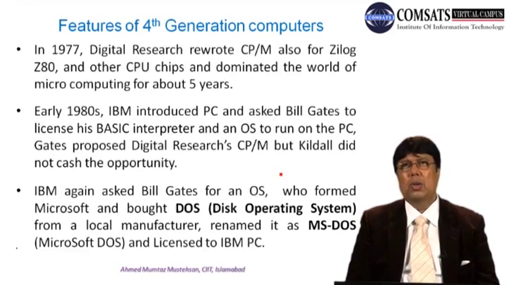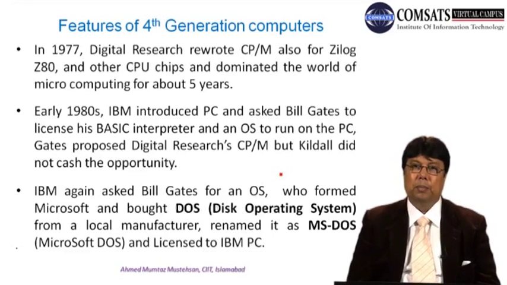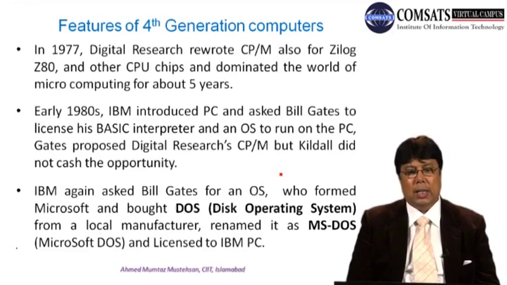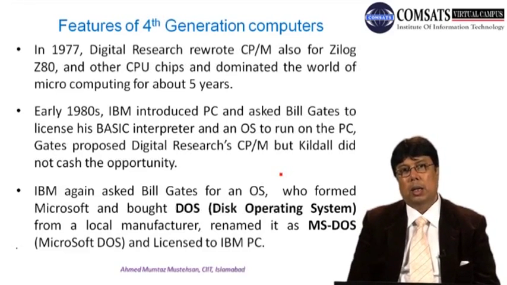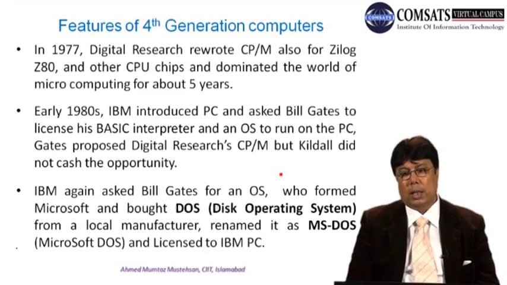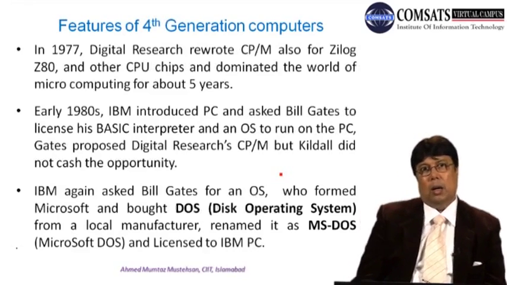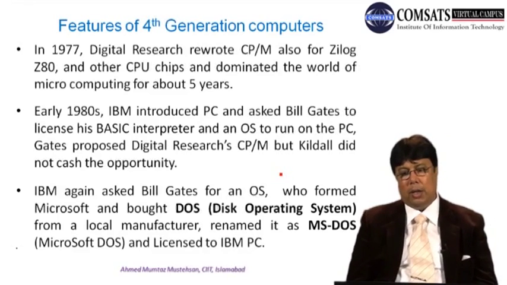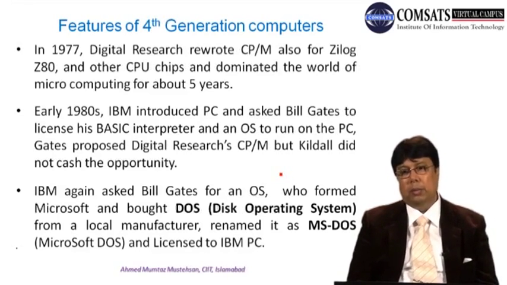In 1980, IBM introduced a PC and asked Bill Gates to license his BASIC interpreter and propose an OS to run on the PC. Gates obviously recommended that Digital Research's CP/M is already available in the market and you can use that.